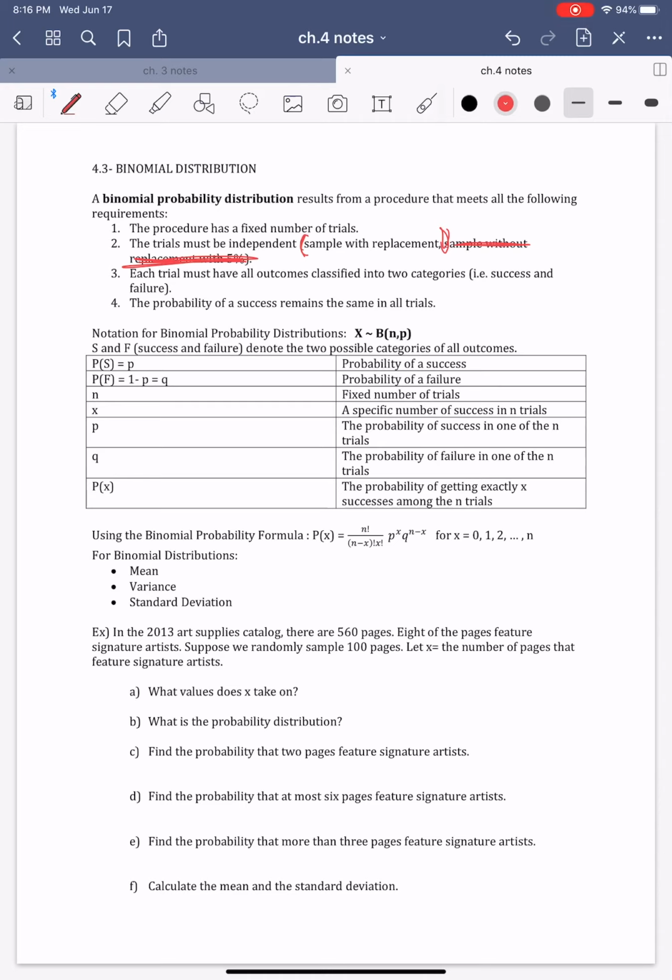Number three, trials must have all outcomes classified into two categories, success and failure. So there are only two categories available. Number four, the probability of success remains the same in all trials. So that means the success rate will be the same for all trials, and that's because it's independent. The numbers do not reduce, so it will all be the same.